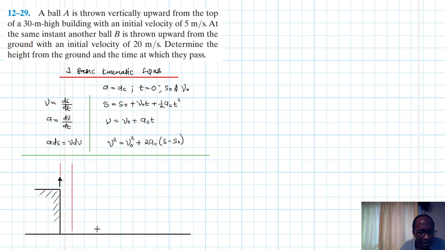Let's imagine at the same instant another ball is thrown from the ground, and it goes like so. There we go, so we have these two balls.